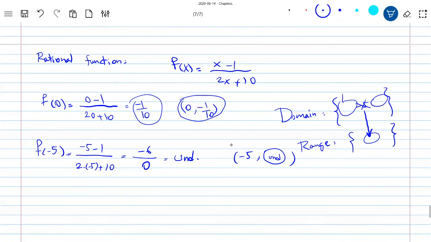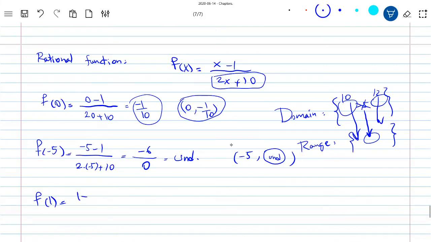I can pick any other number. 10 is fine. 12 is fine. There is always a number on the other side in the range. But negative 5 is not possible because it makes an undefined value. A fraction is undefined when the denominator is 0, and the only time this denominator would be 0 is if I pick x equal to negative 5. For example, it's okay to place 1 into the function.